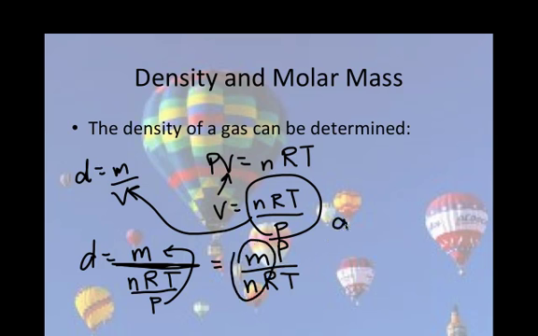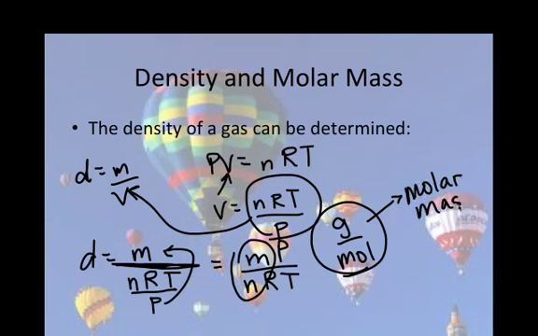But this right here is a handy key. When we take the grams divided by the moles, that, my friends, is the molar mass. So you don't have to really know all of the conditions of the gas. If you know its identity, then you know its molar mass, right?